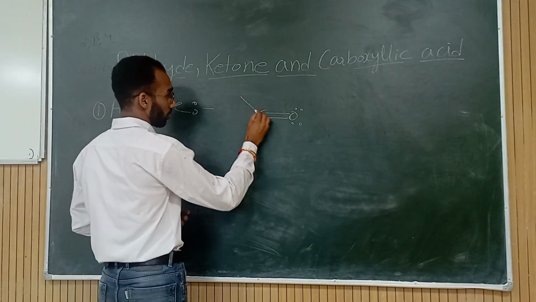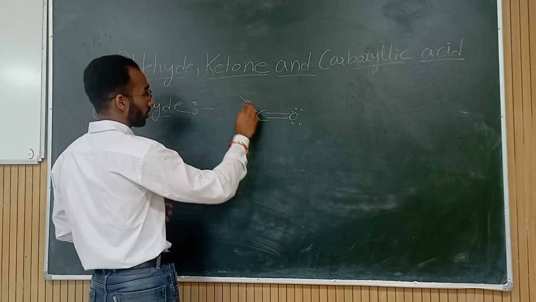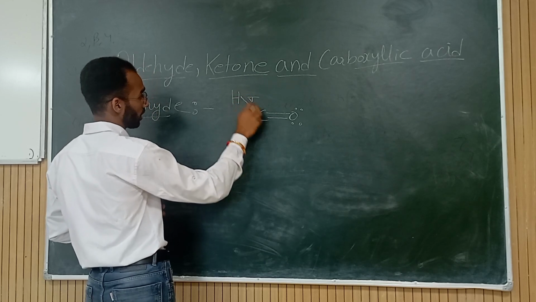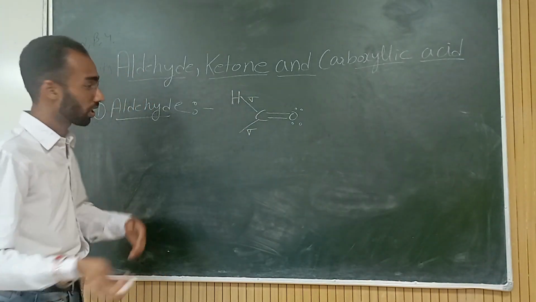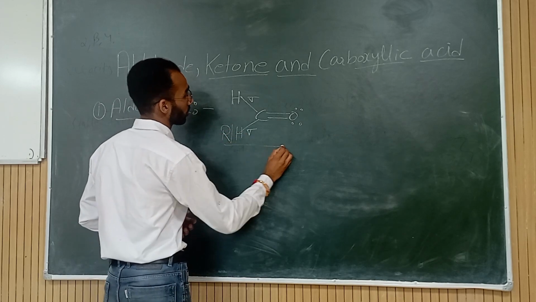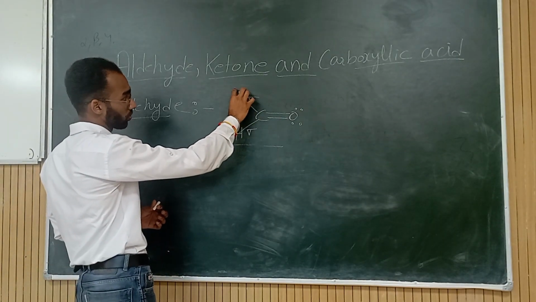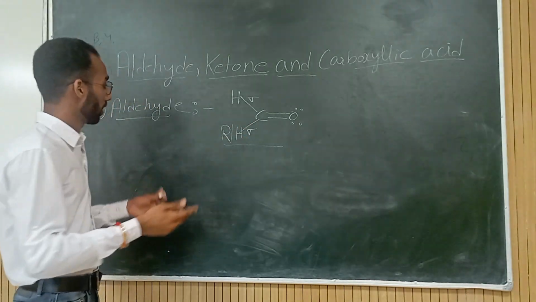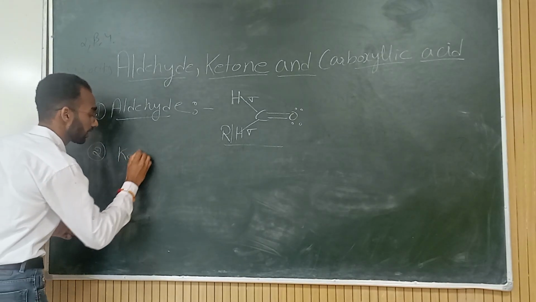Now carbon has a valency of 4, so this valency can be satisfied by an H. Hydrogen is bonded to the carbonyl carbon from one side in case of aldehyde, and from the other side it is bonded to any R or H group. So aldehydes are compounds in which one side is bonded to H by a sigma bond, and from the other side there can be any alkyl group or H. This is aldehyde.